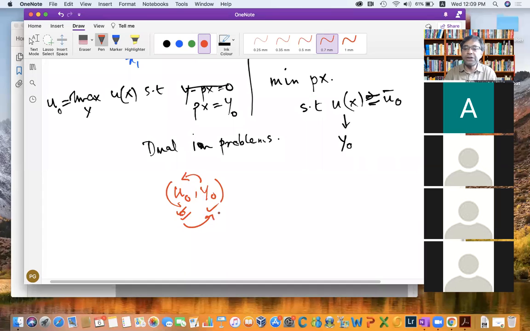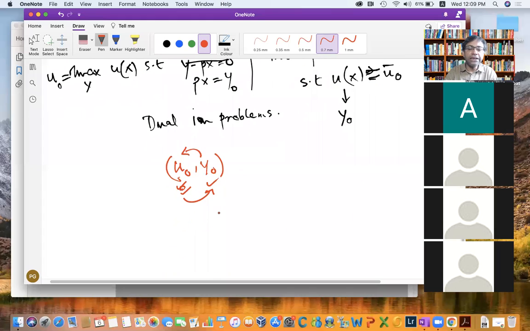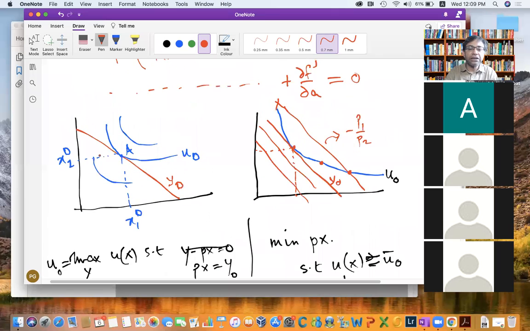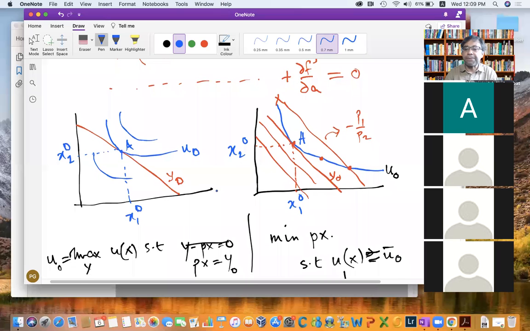And there are several such pairs, utility and income pairs. And not only that, if we use U0, Y0, this pair in the constraints of these two problems, then basically the same point of tangency will give us the solution. Right? And so the optimal choices in the two problems will be the same.